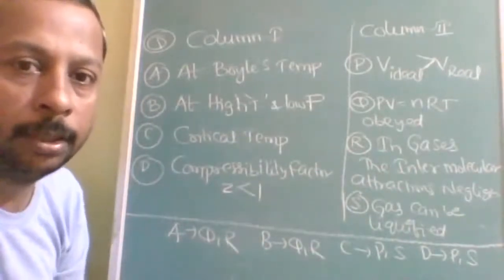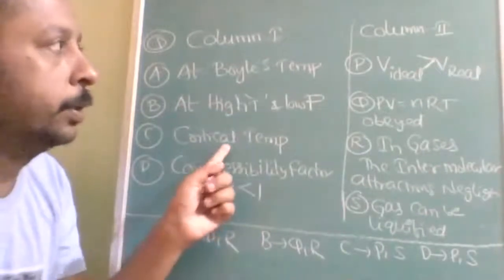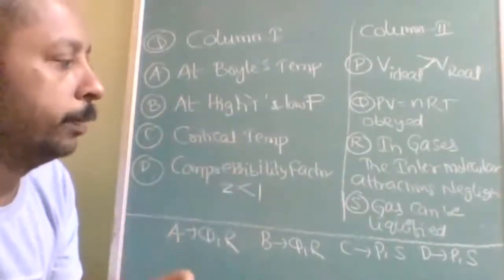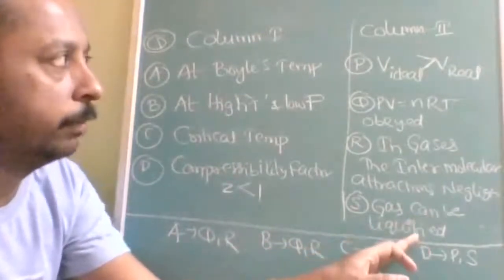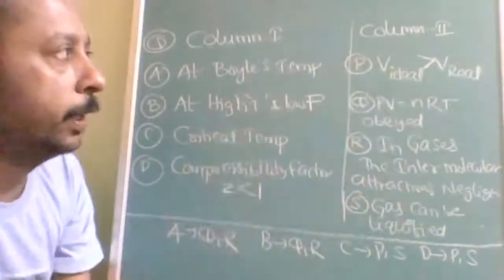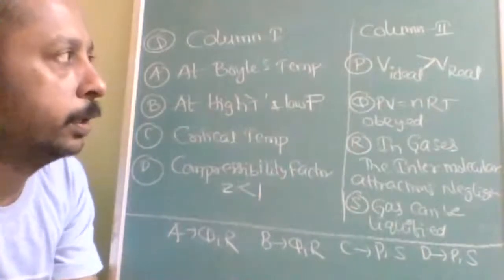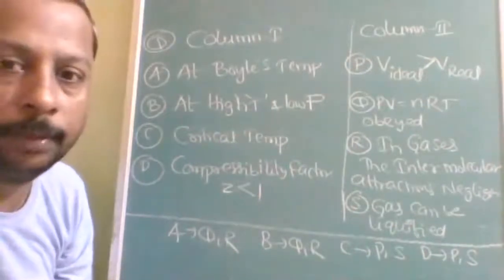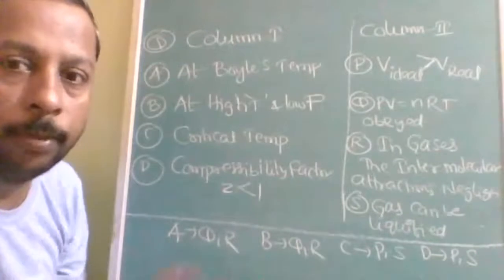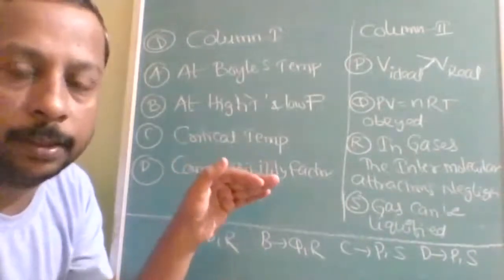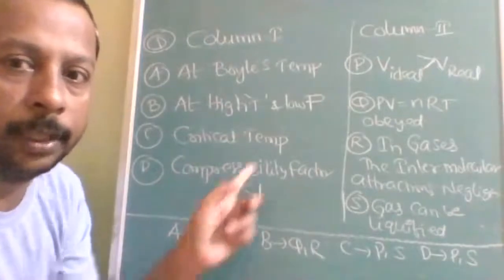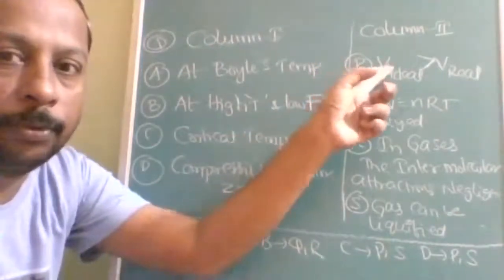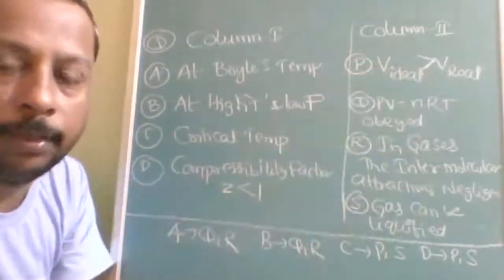Is it understood? Same way, critical temperature will be just the temperature at which it can be liquefied, and ideal gas volume is greater, and the real gas volume will be lesser. Above this we cannot liquefy. Then compressibility factor less than 1 also same. Ideal gas will be more volume and real gas will be less volume.